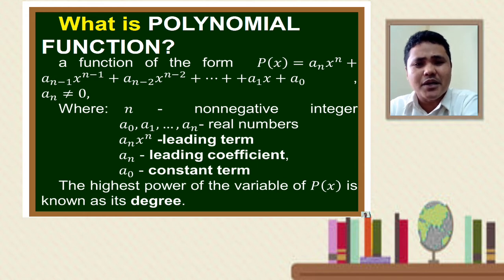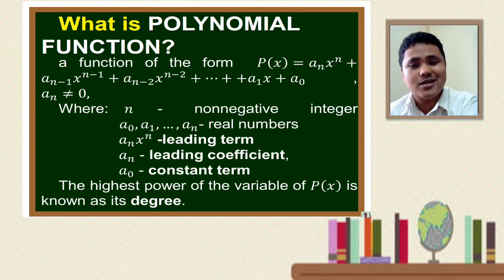So, how do we define a polynomial function? A polynomial function is a function of the form p of x equal to a sub n x raised to the power of n plus a sub n minus 1 x raised to the power of n minus 1 plus a sub n minus 2 x raised to the power of n minus 2 plus a sub 1 x plus a sub 0, where a sub n is not equal to 0. n is a non-negative integer.